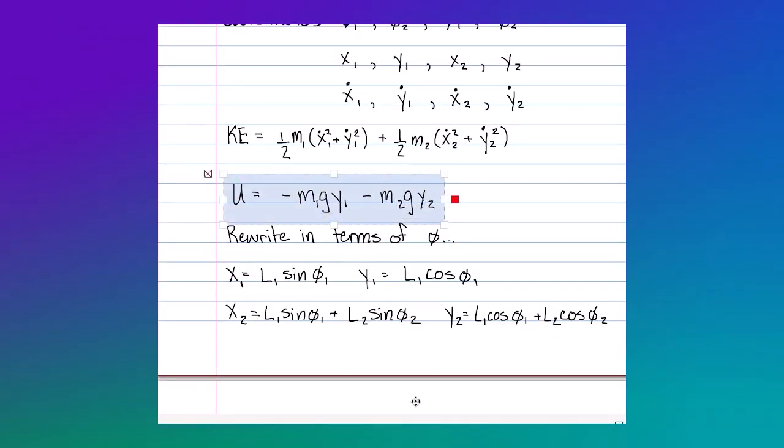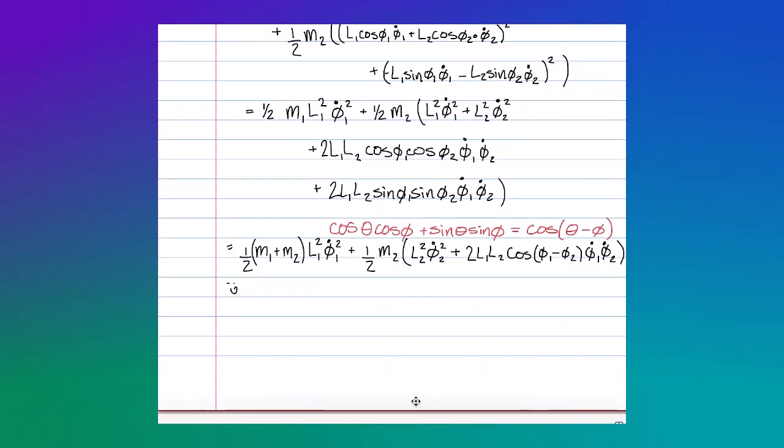And now it's time to work on the potential energy.